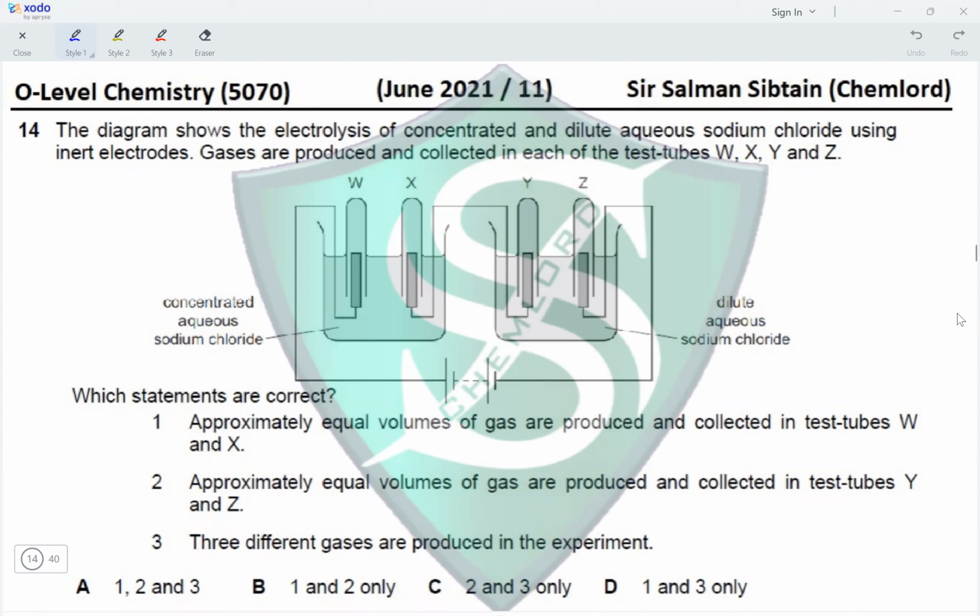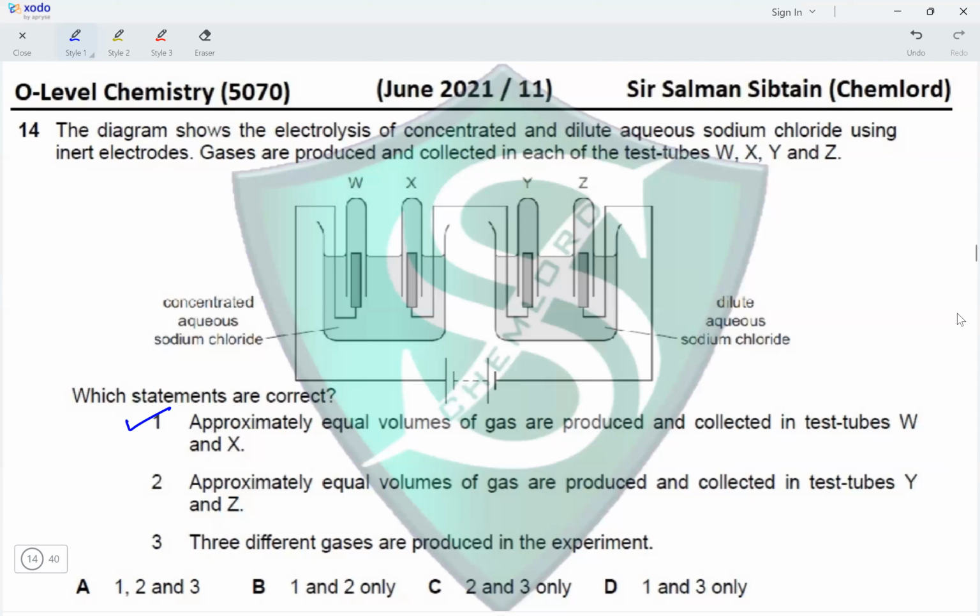Approximately equal volumes of gas are produced and collected in test tubes W and X. W would have collection of chlorine gas because it is the positive terminal where oxidation is occurring, so chloride ions will be oxidized to chlorine, and this is the concentrated solution. So chlorine and hydrogen. This statement is correct because equal quantities of chlorine and hydrogen would be collected.